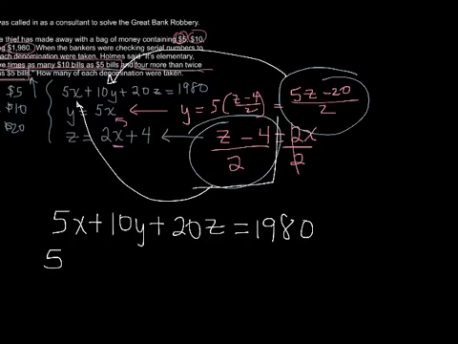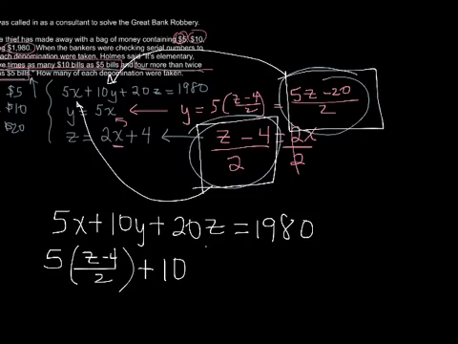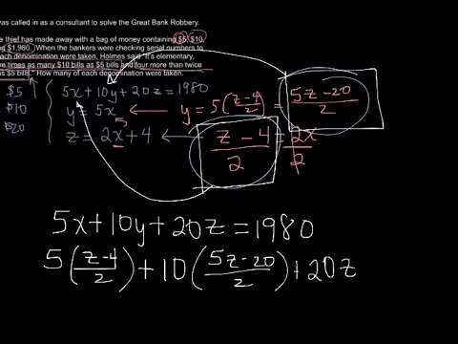The x I just found is (z minus 4) over 2, plus 10 times the y I just found, (5z minus 20) over 2, plus 20z equals 1980.